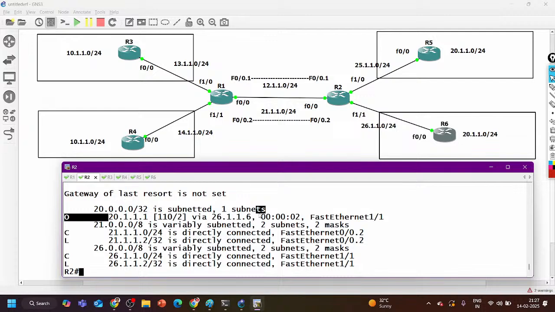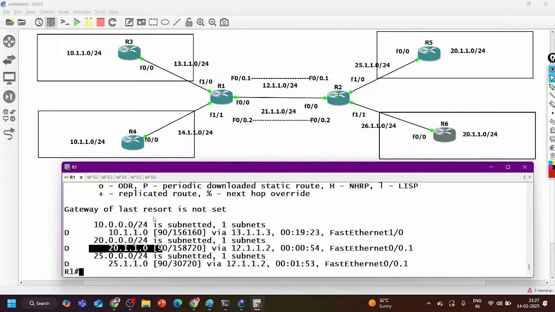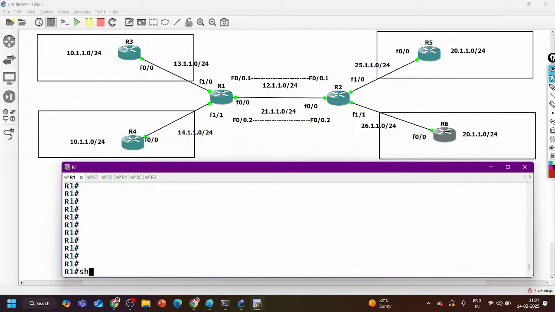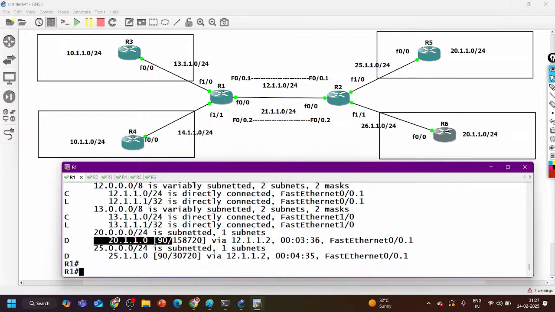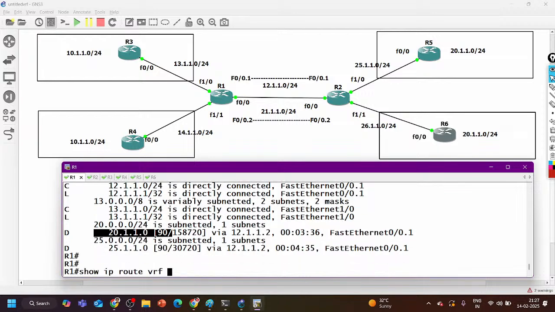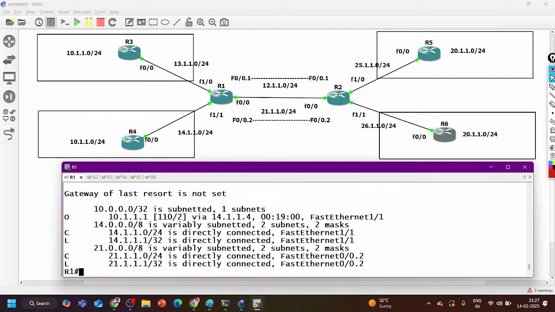The 20 subnet is here. So now the 20 and 10 subnets are there in both routing tables, right? On router number 1, if I show you, show IP route VRF A, right? So 10 is there and 20 is there. In the VRF B routing table also we have the same subnet 10, and 20 is not there, so 20 will also come.